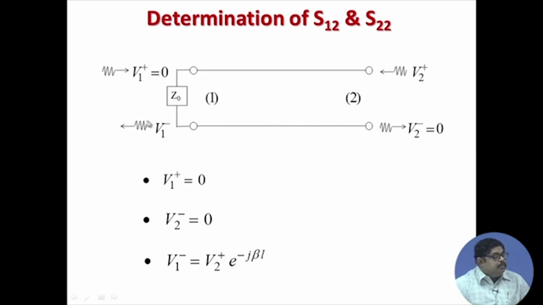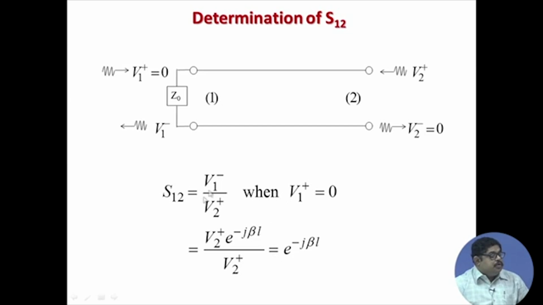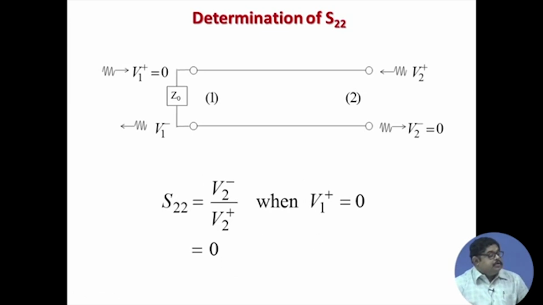V2 plus and V1 minus, and their interrelationship is e to the power minus j beta L. So, now we can determine S12. We put the values of V1 minus and V2 plus, and that becomes e to the power minus j beta L. Similarly, S22 is V2 minus by V2 plus; V2 minus is 0, because this is 0, V2 plus exists, that is why 0 by some value, that is 0. So, S22 is also 0.